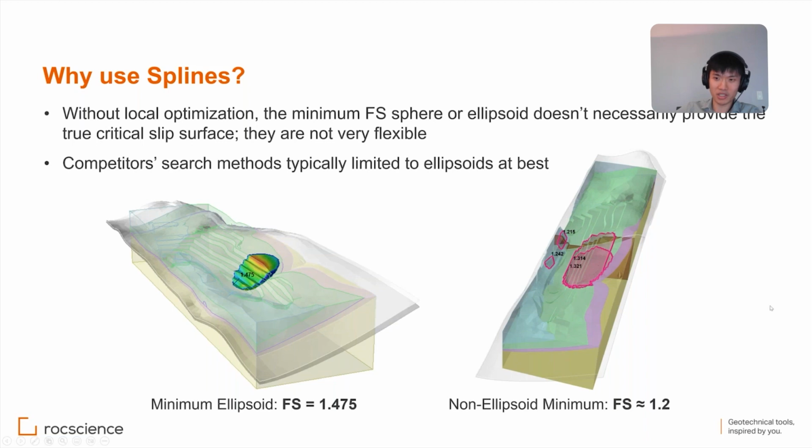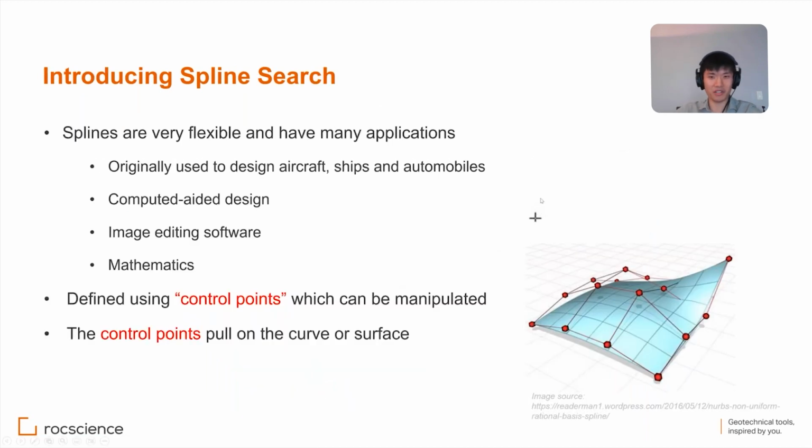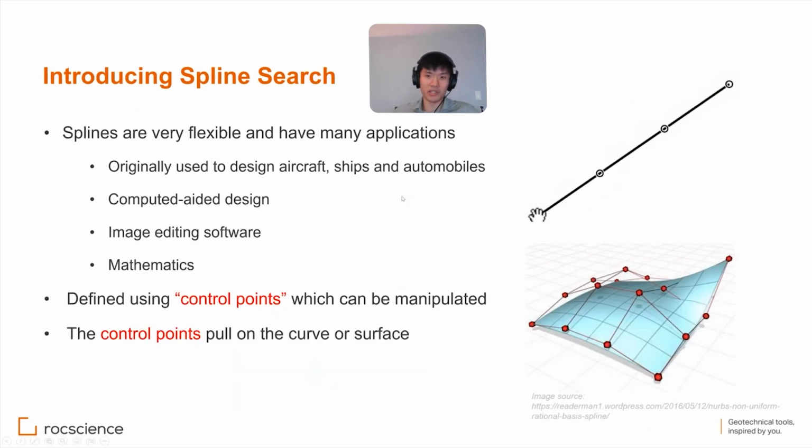The moment you do that, it alters the surface and the factor of safety goes down to 1.2. In fact, there are multiple locations in this model where the factor of safety is a lot lower. So you can see that maybe a need for a more flexible surface has materialized, and that's exactly what we did with the new spline search.